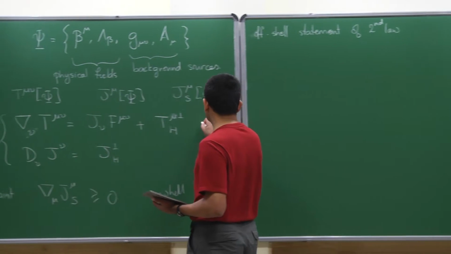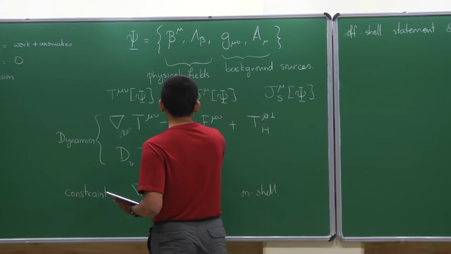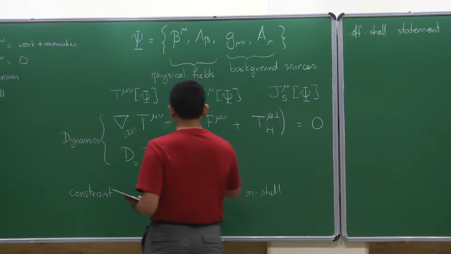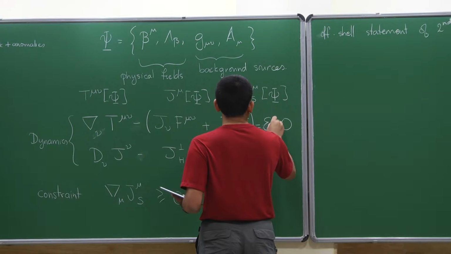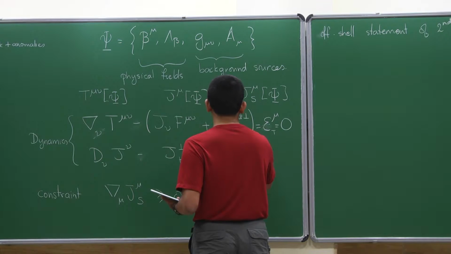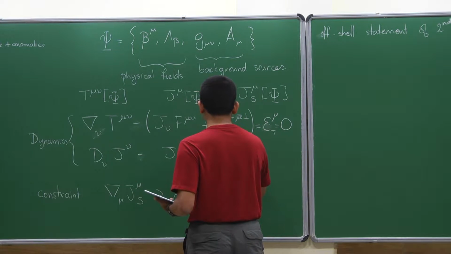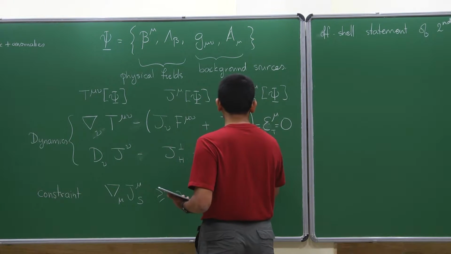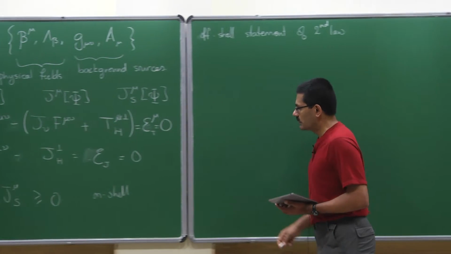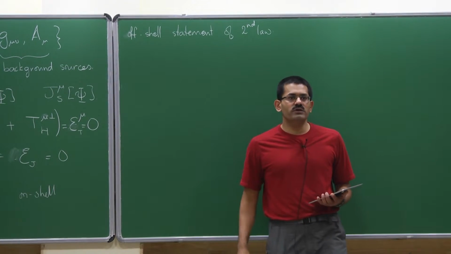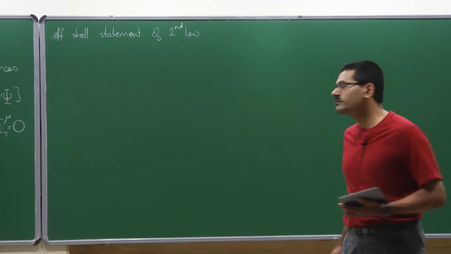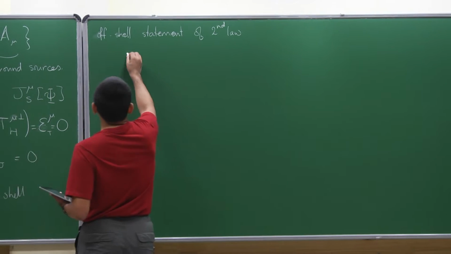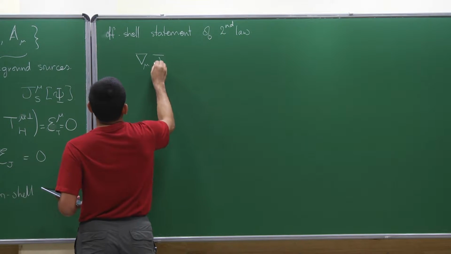So let me call this equation, let me call the left hand sides E mu and Ej. Okay. So Ej equals 0 and E mu equals 0 are the dynamical equations. So I can always do the following.